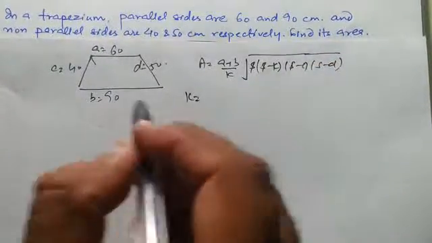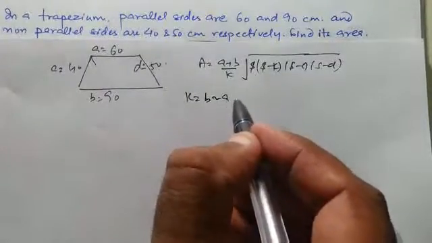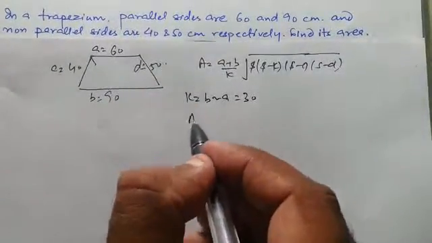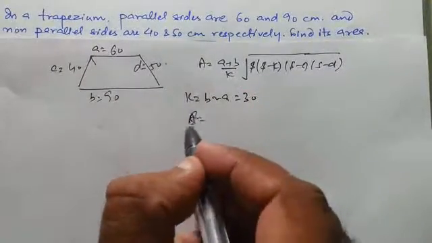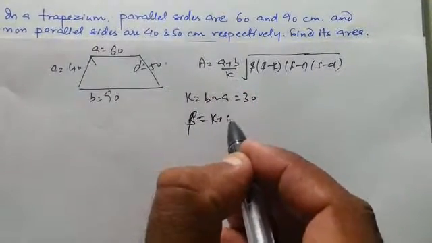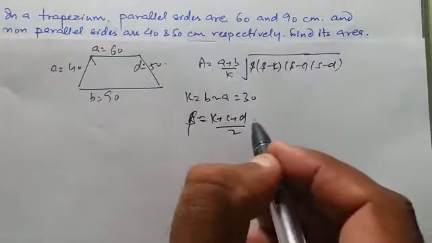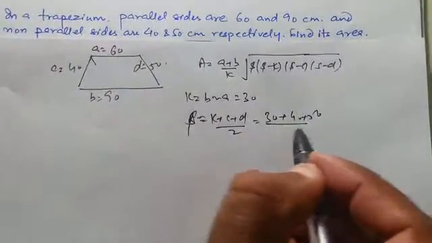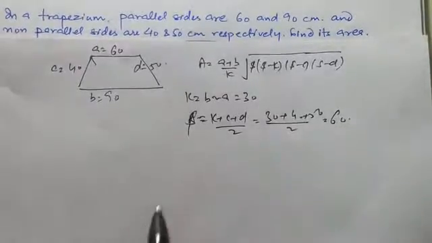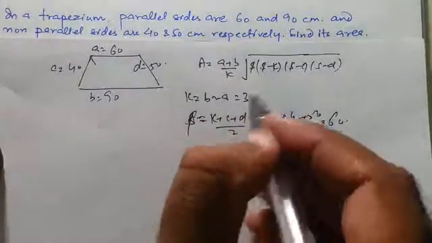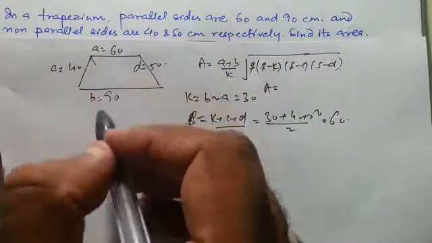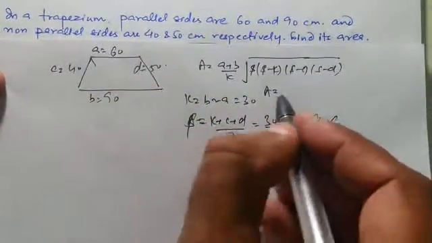What is the value of K? It is the difference between B and A. So it is equal to 30. And what is S? S is equal to K plus C plus D upon 2. So it comes to be 30 plus 40 plus 50 upon 2, and that comes to be 60. So put these values in this formula. A is equal to A plus B, that means 60 plus 90, 150 upon K, that is equal to 30.